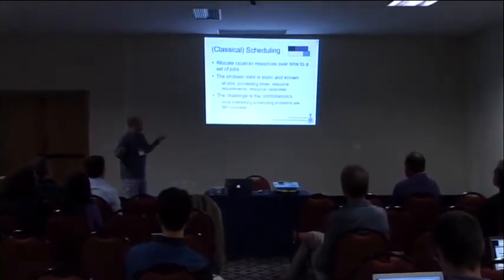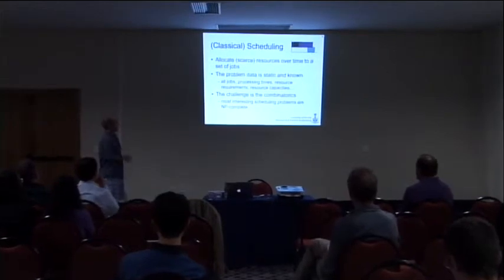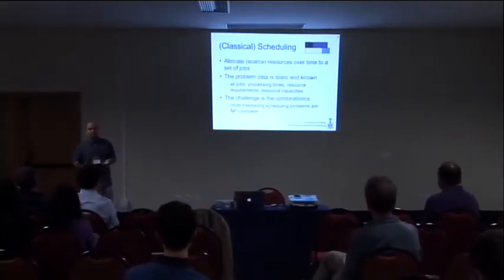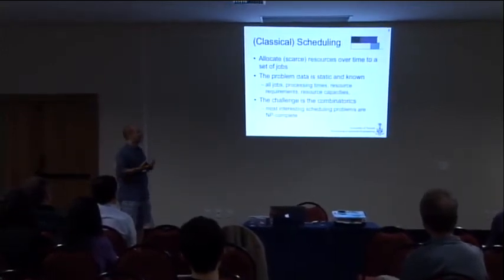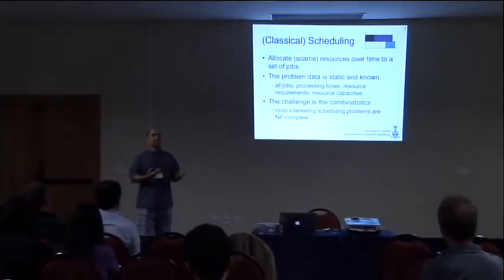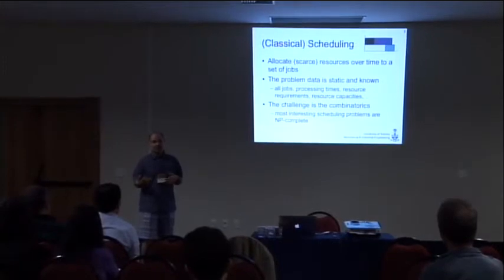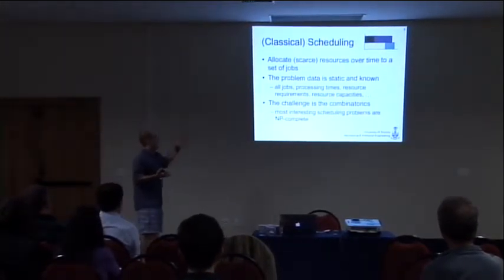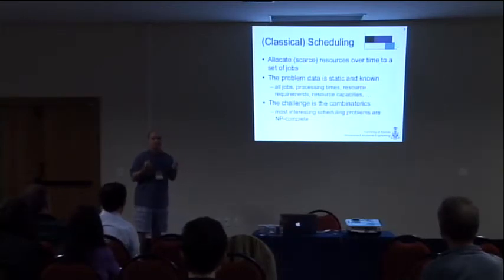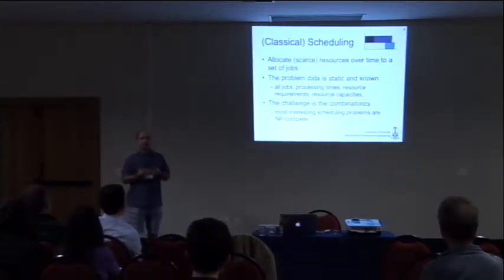Classical scheduling. Okay, so this is a Gantt chart. The idea is we have scarce resources, we have activities we want to execute, and we have to figure out when these activities are going to execute on these scarce resources to achieve whatever we're trying to achieve. The strong assumption of classical scheduling is we know everything.